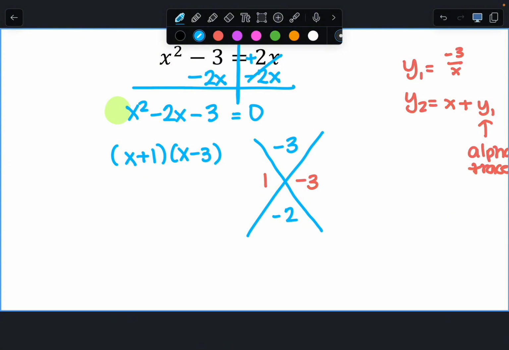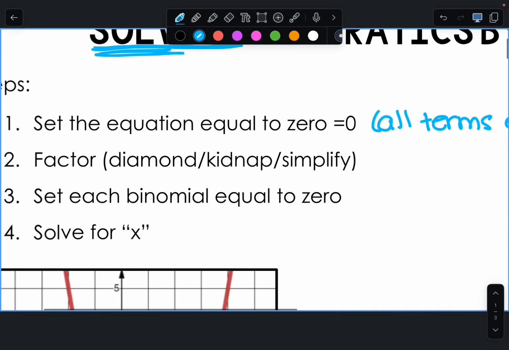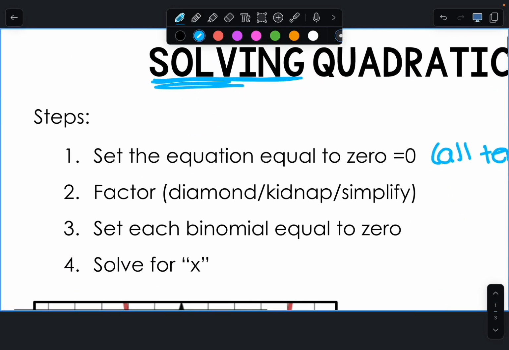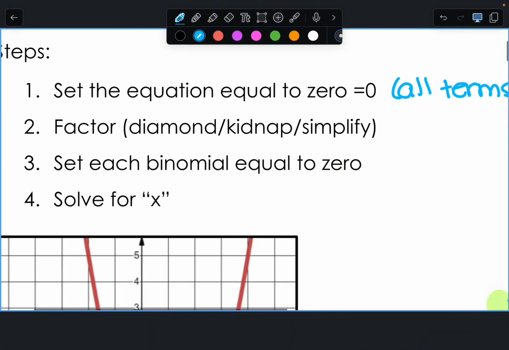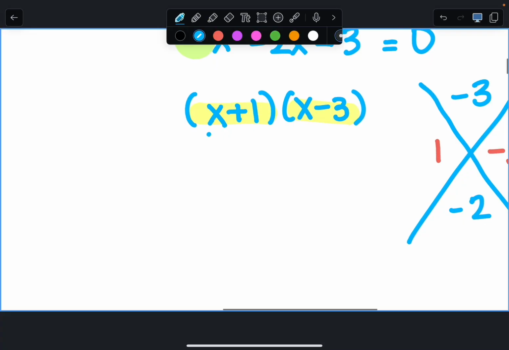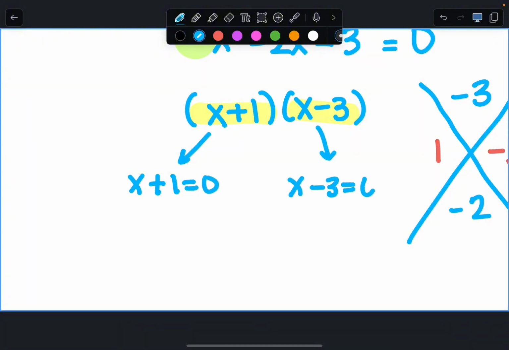Now, there's an additional step that you need to take whenever it's asking you to solve the quadratic. To solve the quadratic, step number 3, set each binomial equal to 0. You're going to turn each one of these binomials into an equation. When you turn it into an equation, you just set it equal to 0, and each equation becomes a 1 or 2 step equation depending on whether you went diamond method, straight diamond, or whether you did kidnap, okay?